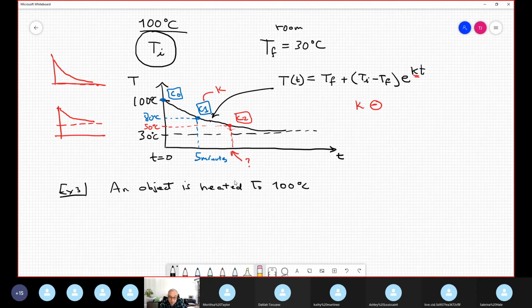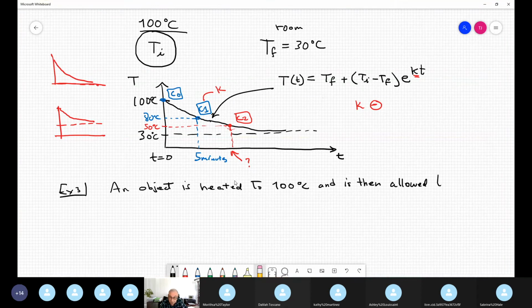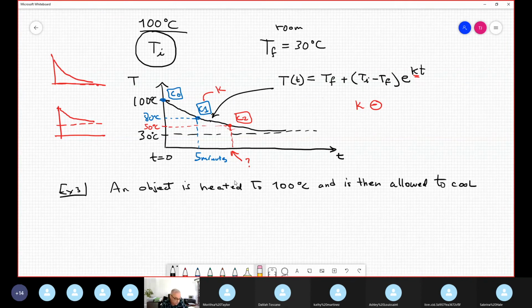And it is then allowed to cool in the room whose temperature is 30 Celsius degrees. This is the room temperature.